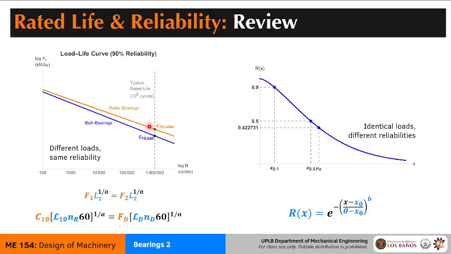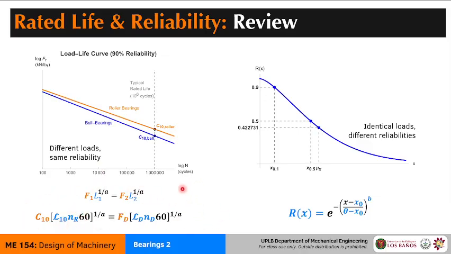So these load line curves are essentially projections of different loads for the same reliability. For example, you could be expecting only 90% reliability, or in a sense, 90% of your bearings will be okay by a certain life. And this is described by the following relationships. This is the load line equation.